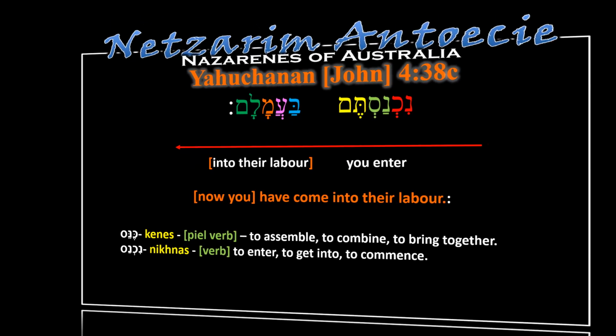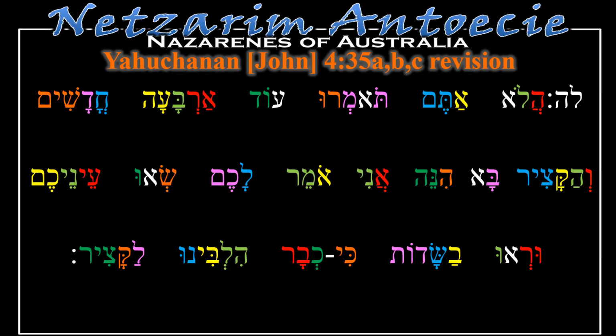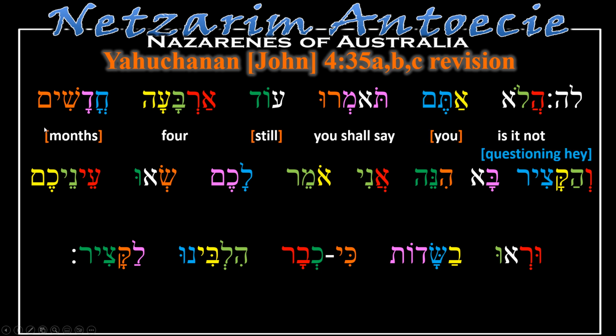And so now we begin. Now we start with actually the revision to see just what we gathered from all this. We have a lamed, we know that's a value of 30, and the hey is a value of 5, so we're at 35. Halo, which means is it not or do not, atem, you, tom'ru, you shall say, od, still, arba'a, 4, chadashim, months. Is it not you shall say still 4 months?